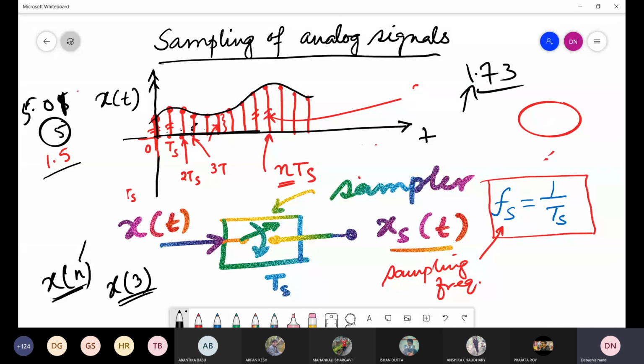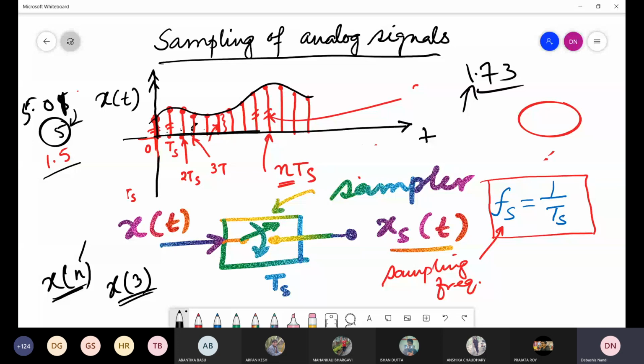This is one example I am giving. Since 5.01 is quantized by the number 5, some error is there. That is called quantization error, and it is 5.01 minus 5. That is, the actual value minus the quantized value. This difference is called the quantization error.